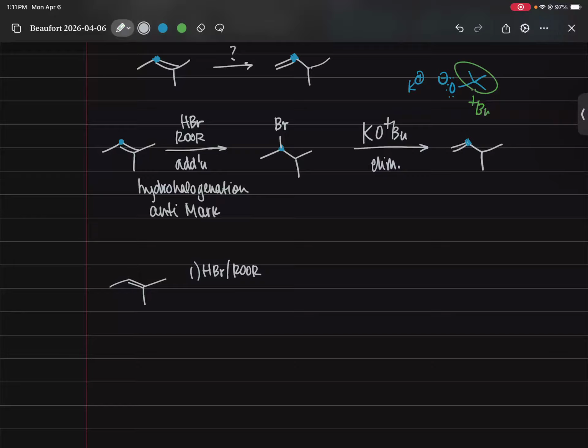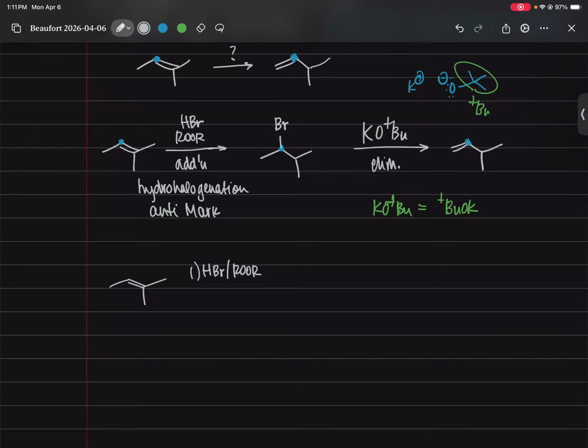So another way to write potassium tert-butoxide is tBuOK. Is that what you're asking? Can you use any of the alcohols or is it specific? This one is specific. You want to use potassium tert-butoxide specifically.